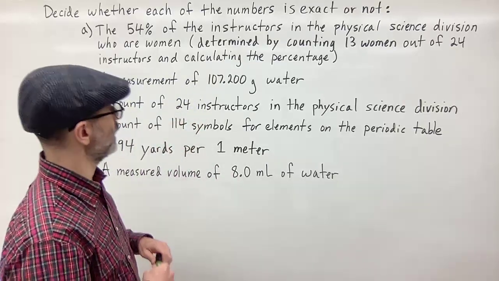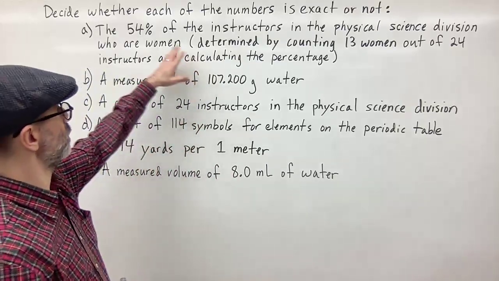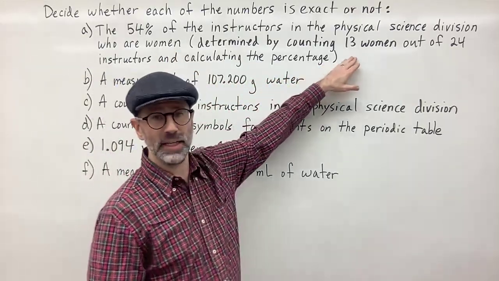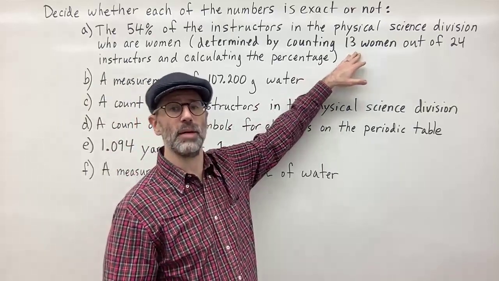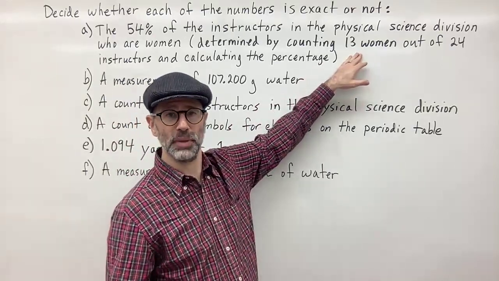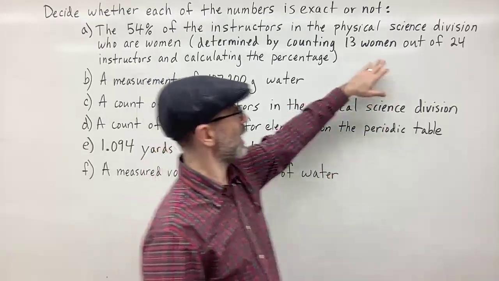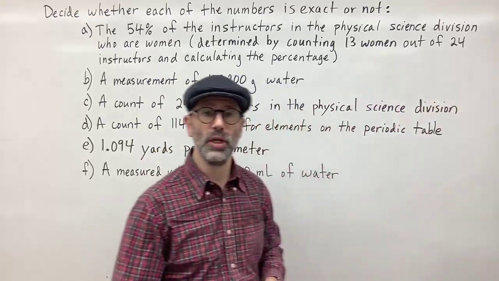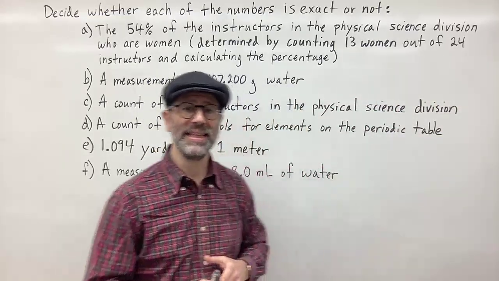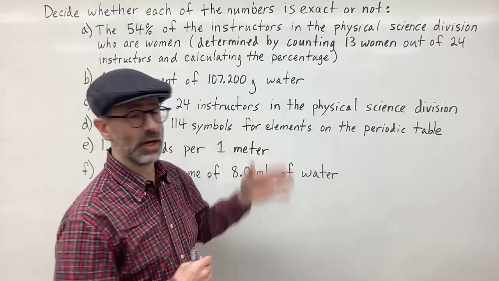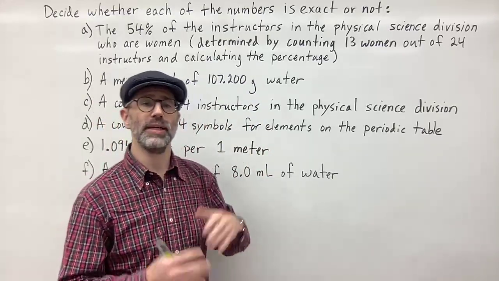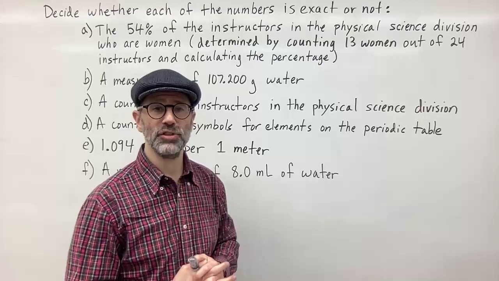So in this case, you can see that the percentage is calculated by counting the number of women in a department and then counting the total number of individual instructors in the department, and then you calculate the percentage from there.